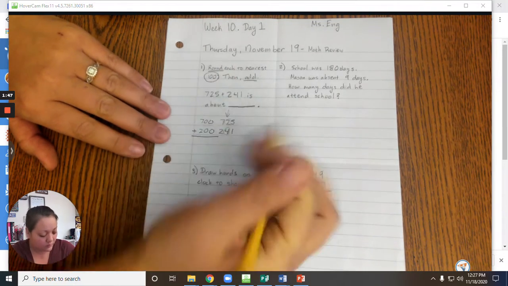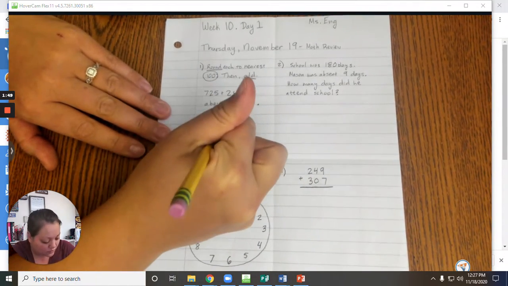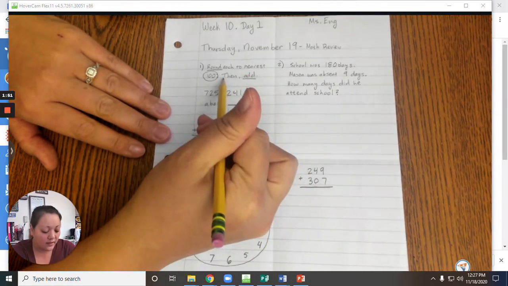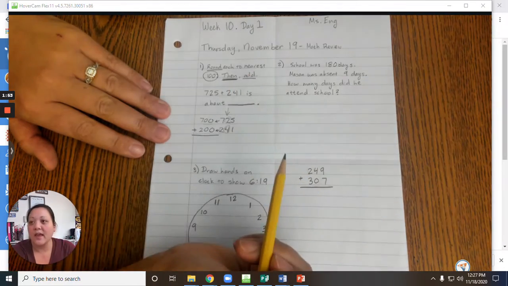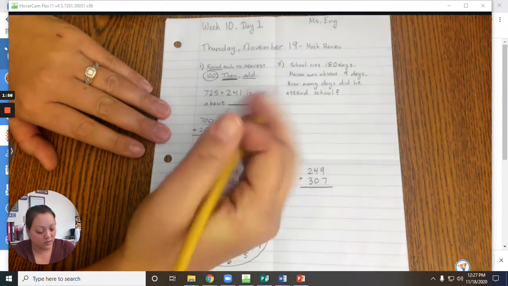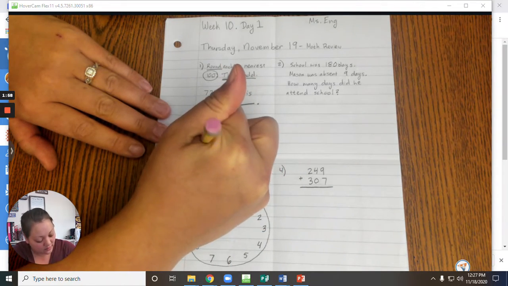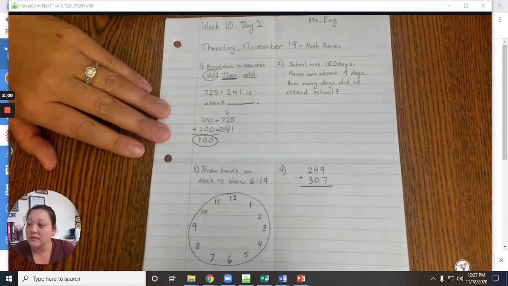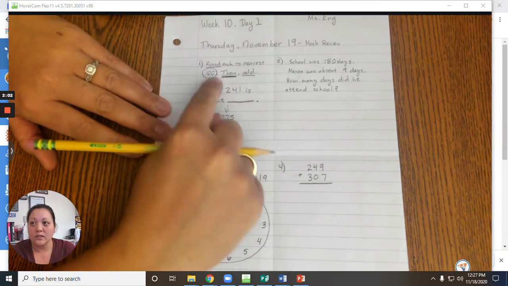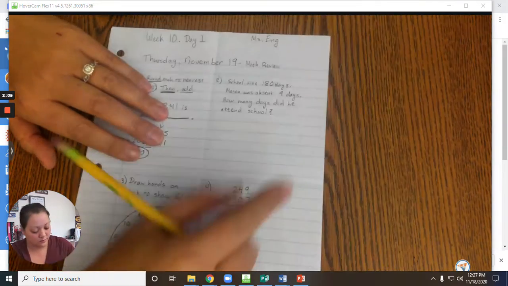So now I've figured out which direction I'm rounding. Then I'm doing the second part where it says then add. So 700 plus 200 is 900. So you should have that answer right there. It's important to follow the directions.